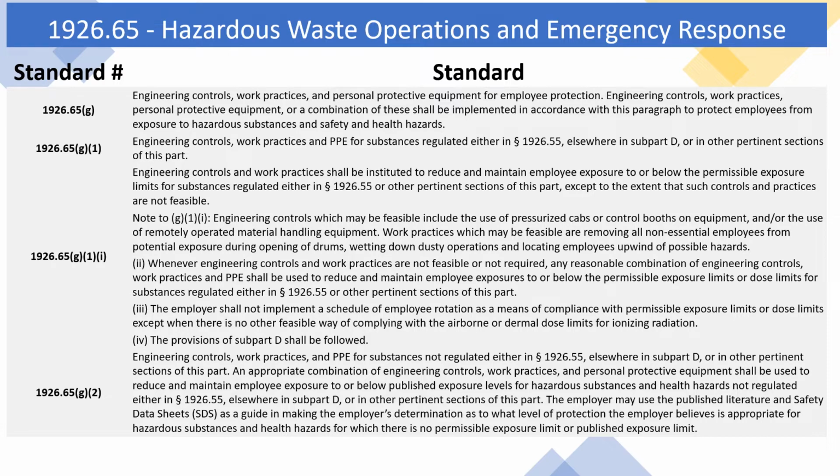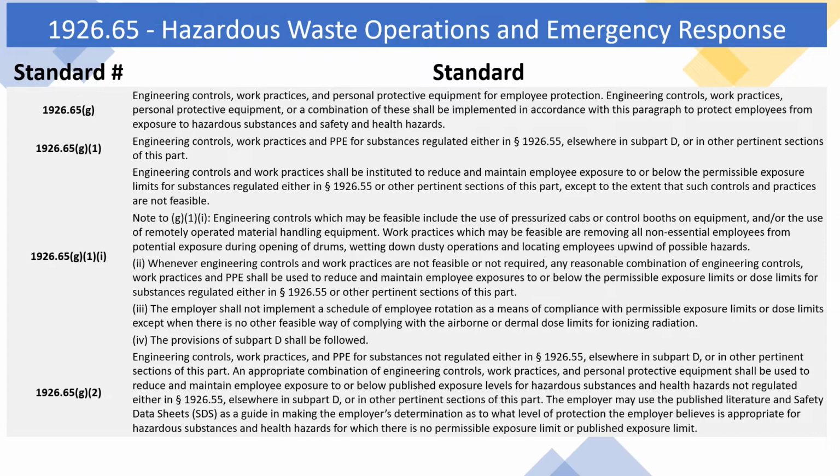1926.65 G1(i). Engineering controls and work practices shall be instituted to reduce and maintain employee exposure to or below the permissible exposure limits for substances regulated either in Section 1926.55 or other pertinent sections of this part, except to the extent that such controls and practices are not feasible. Note 2, G1.